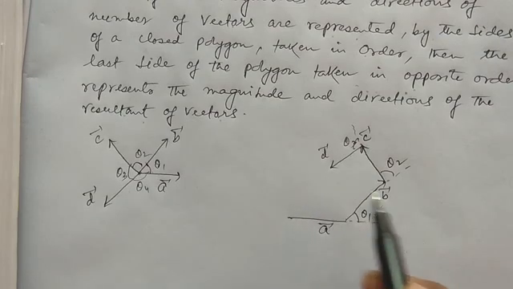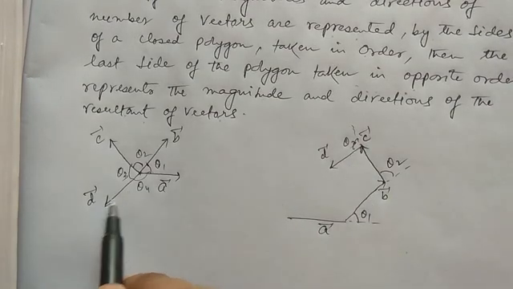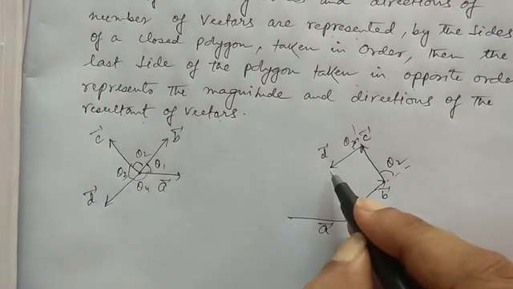And the angle between D and A is theta 4.